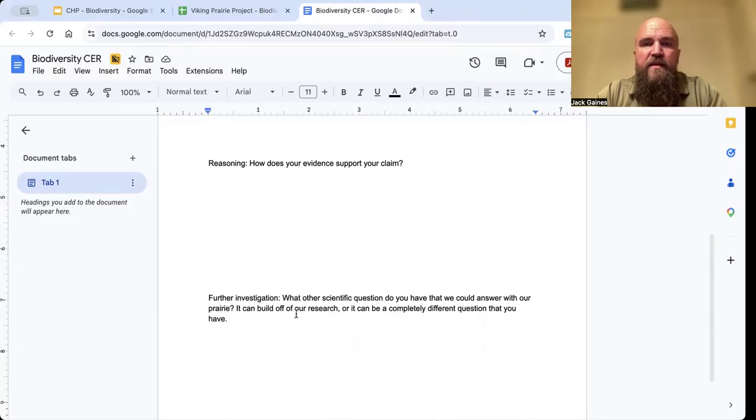For AP Environmental, I want to try insect biodiversity. Hopefully by then the grasses will be tall enough that there'll be a little more insect life in there, and we can go through with insect nets, collect some insects, and figure out how much biodiversity we have there versus, again, a turf grass control.